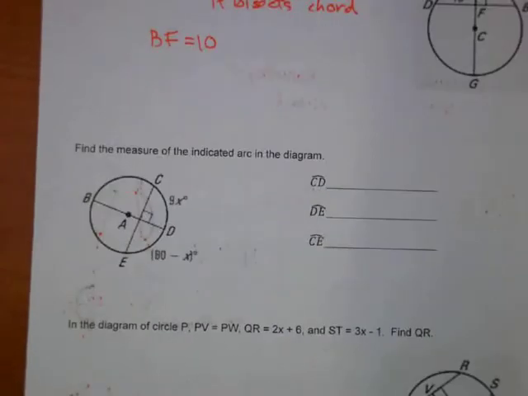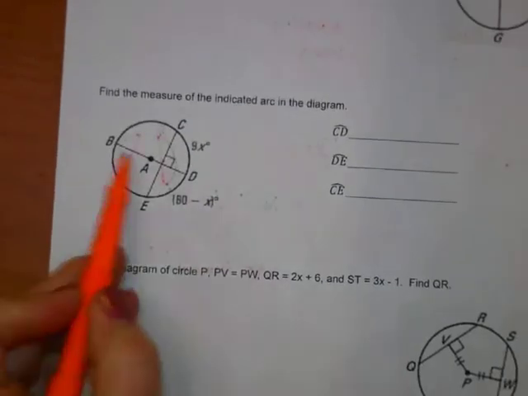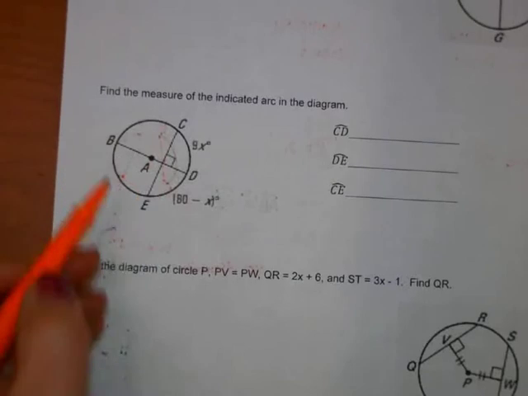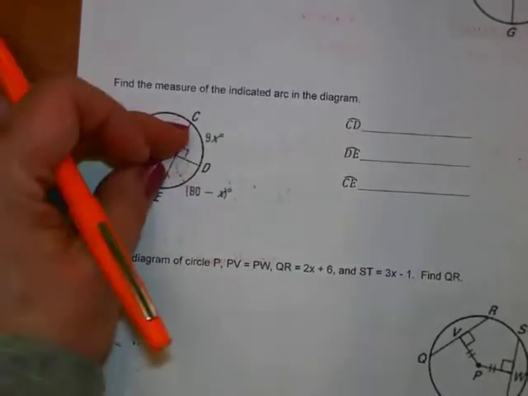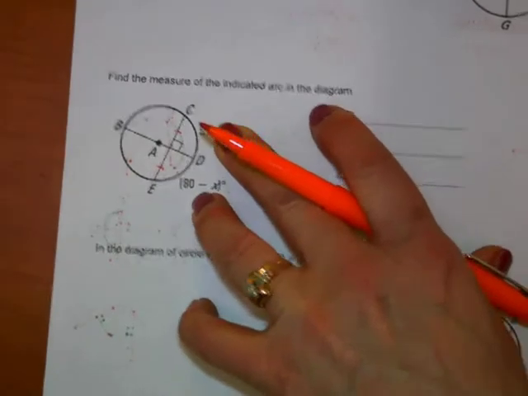Find the measure of the indicated arc in the diagram. Let's look here. What do we see right here? A bisector. That tells me this is congruent to this, correct? And if those two are congruent, then their arcs are also congruent.